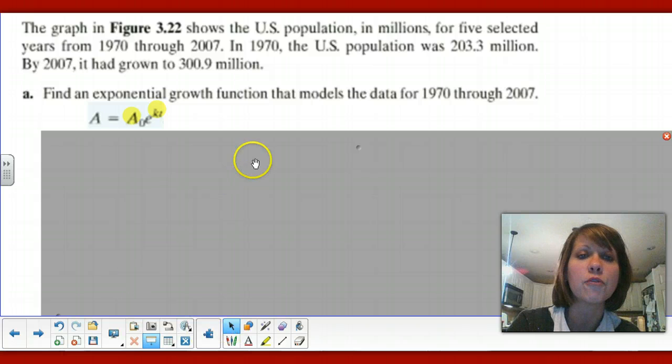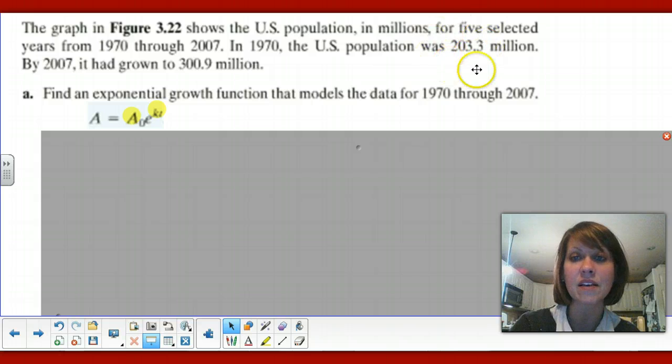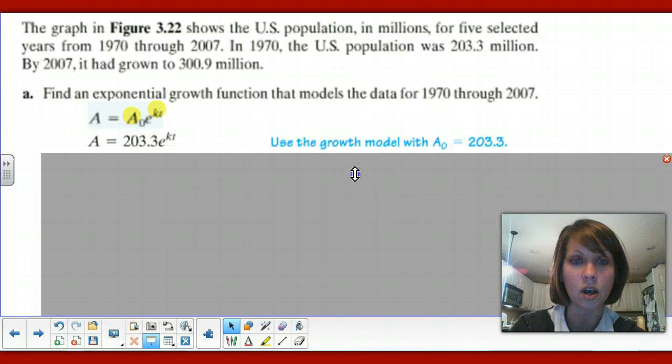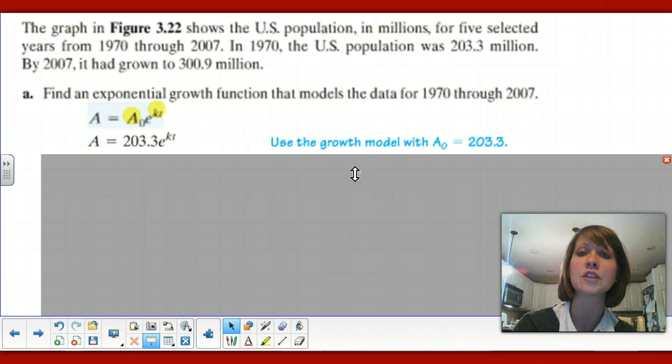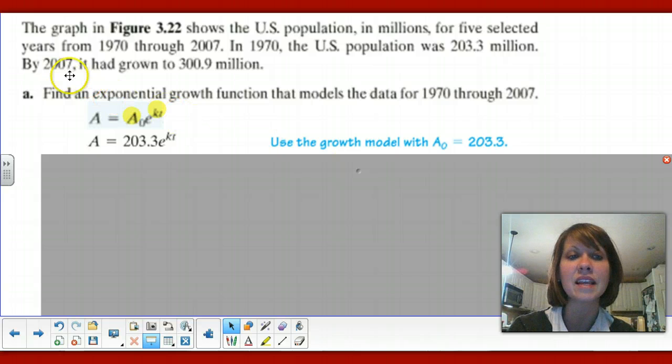All right, so if we read through this, figure 3.22 started in 1970. So the amount that we have in 1970 is the initial amount, A naught. That's where we're going to start. Now we need to find our K. Just like in direct, inverse, joint, combined variation in 2.8, we had a set of information that we were able to substitute that would allow us to find our K. And that's what's going on right here.